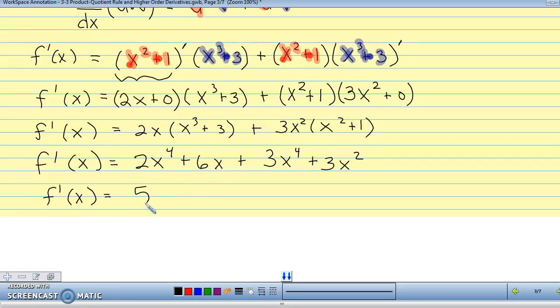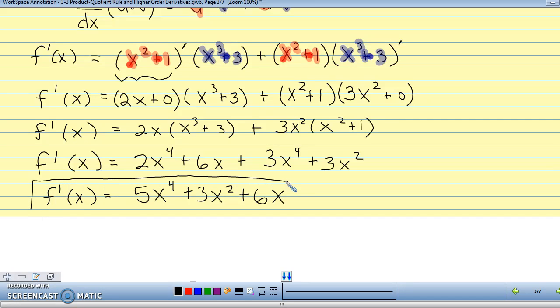That should be 5x to the 4 plus 3x squared plus 6x. That's your answer, although the previous answer would be okay too.